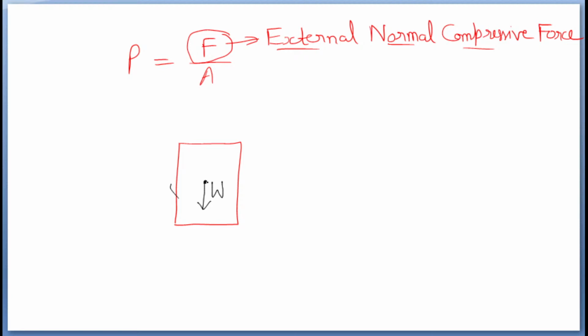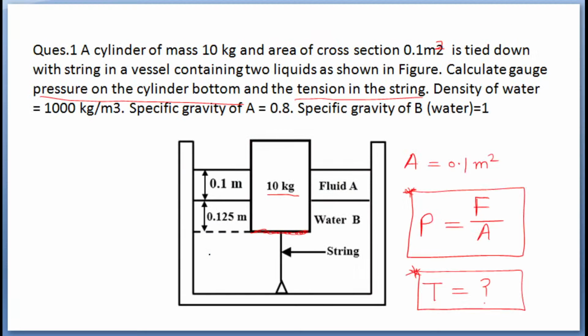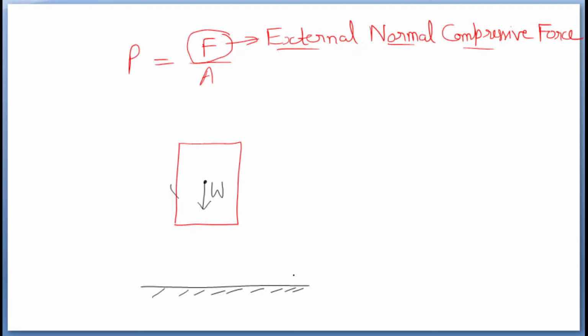Very good. Now other forces are, here it is tied with the rope. This cylinder is tied with the rope. See, with the help of a string it is tied from the bottom. So always take tension in the outward direction, meaning outward from the body.